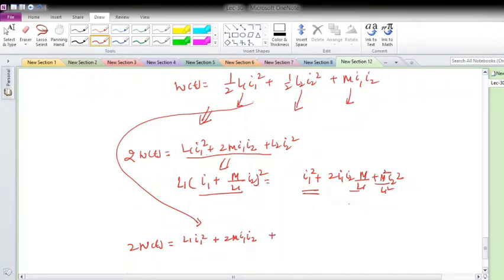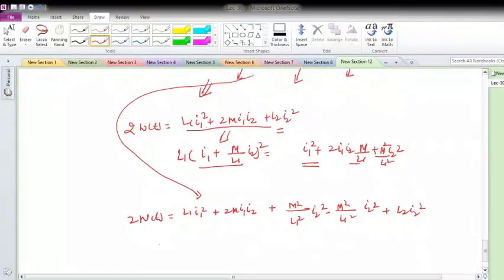Plus, what can be done is this factor can be added and subtracted: M square over L1 square into L1 I2 square minus M square over L1 I2 square, plus what is remaining, this L2 I2 square.